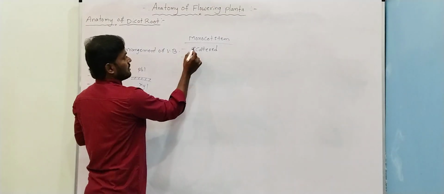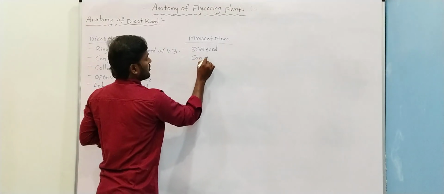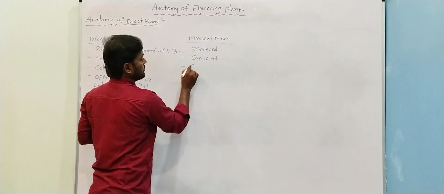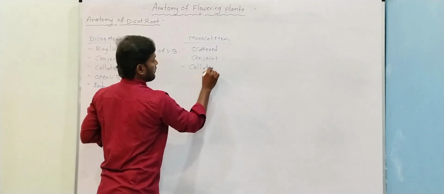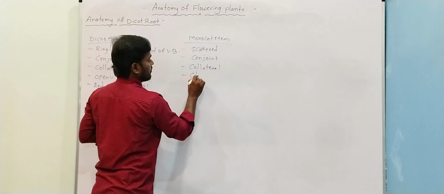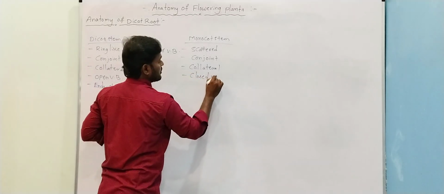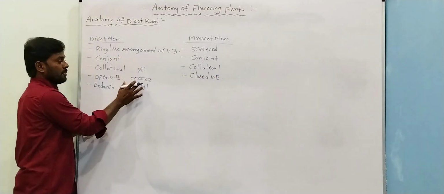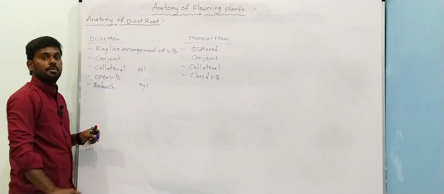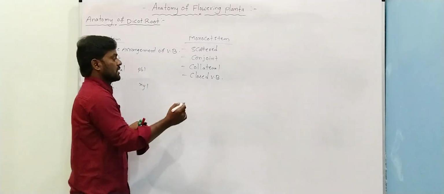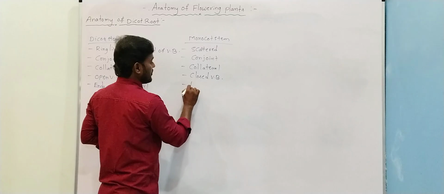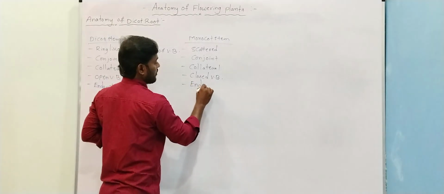The vascular bundles are the same, conjoint and collateral, but here they are closed vascular bundles. Closed means there is no cambium ring between the phloem and xylem. Cambium ring is absent. And xylem is the same, endarch.